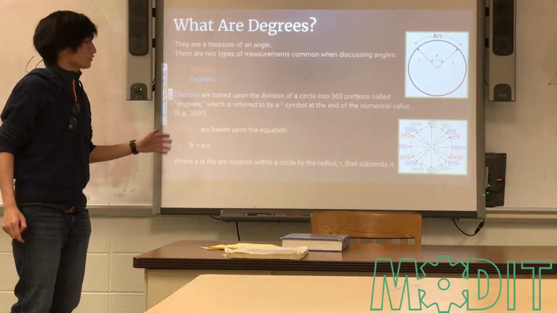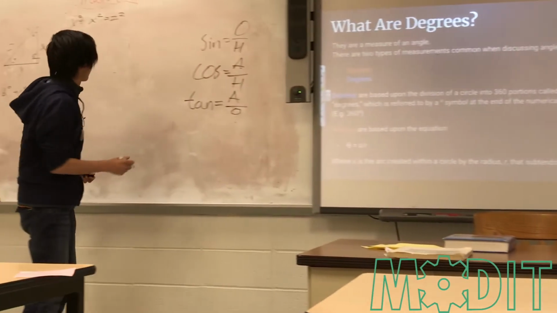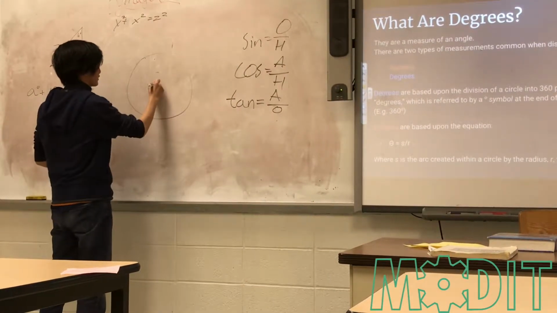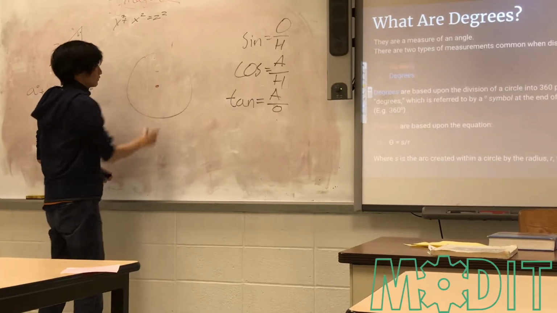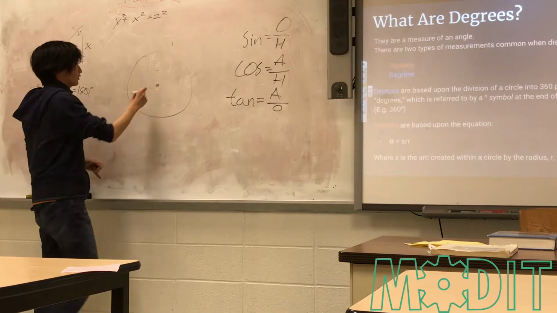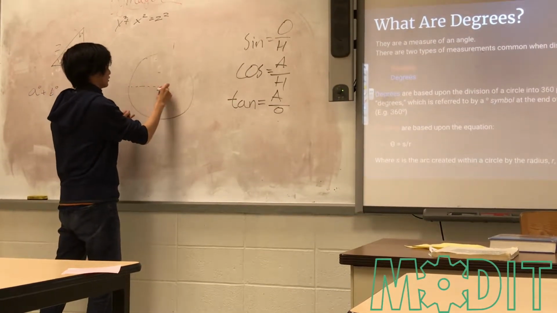We typically use either degrees or radians, and radians are in reference to a circle. If you know the geometry of a circle, there's the center point, and the radius, which is half the diameter.